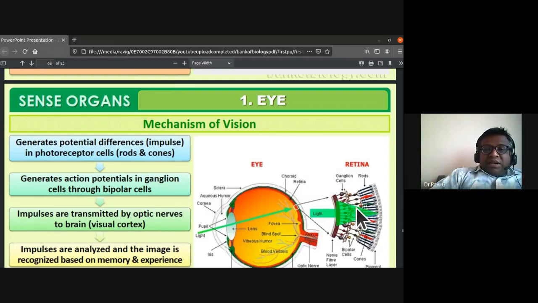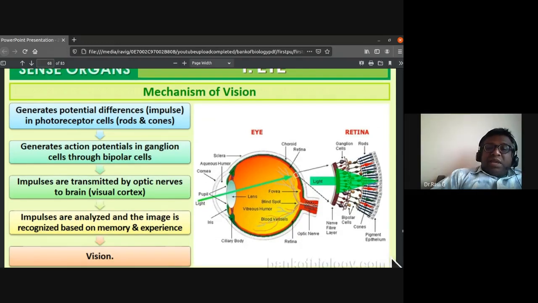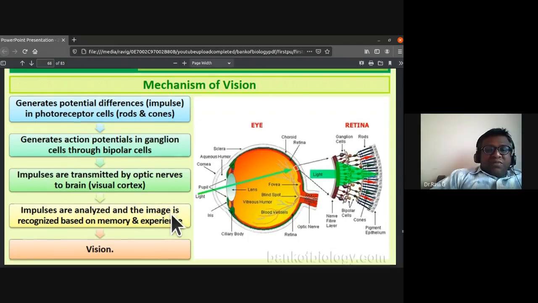The impulses are transmitted by the optic nerves to the brain, that is the visual cortex. The impulses are analyzed and the image is recognized based on memory and experience. This we call vision.